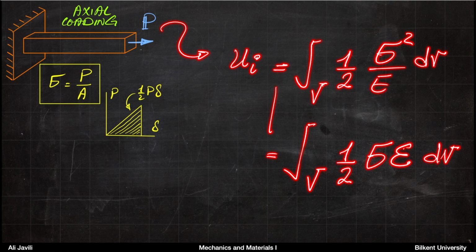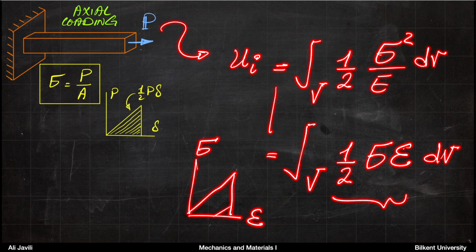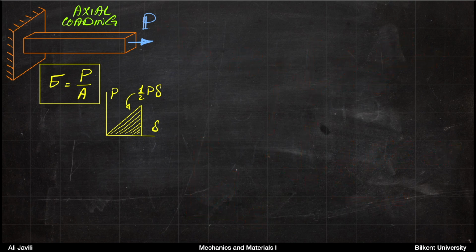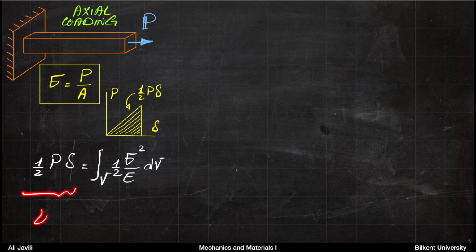And that would have been the area below the sigma epsilon curve. So we want to do exactly that. This is now your external energy UE. This is the internal energy UI. And we set them to be equal. We want to know what would be the consequence of that.